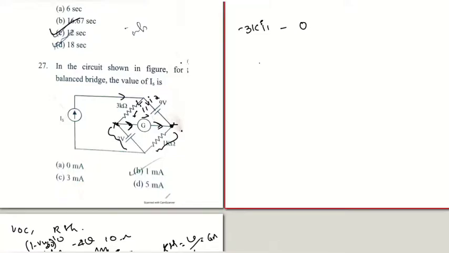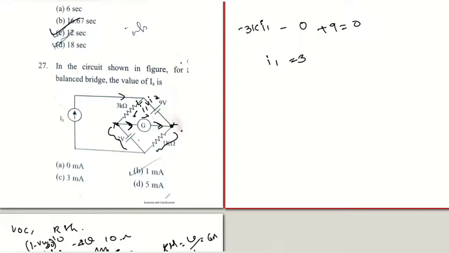That is, the voltage drop across the galvanometer should be 0. I am going to assume like that so that we get the IS. So minus 0 plus 9 equal to 0. From here we get I1 equal to 3.